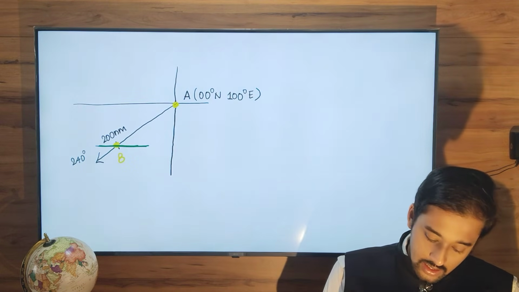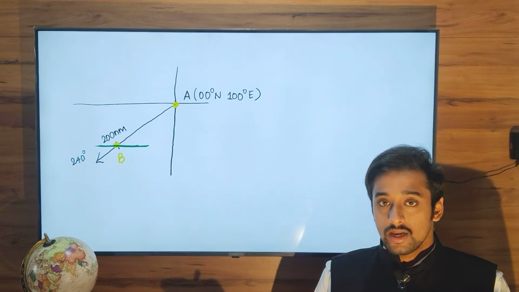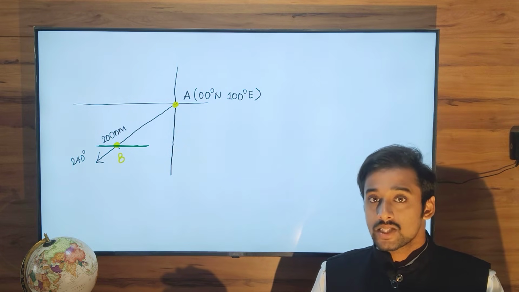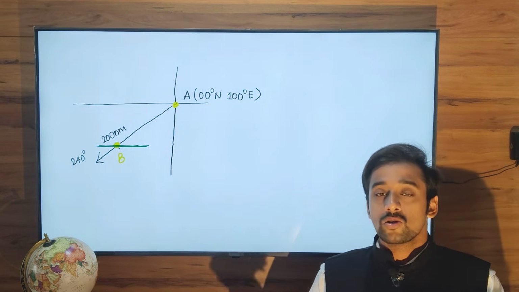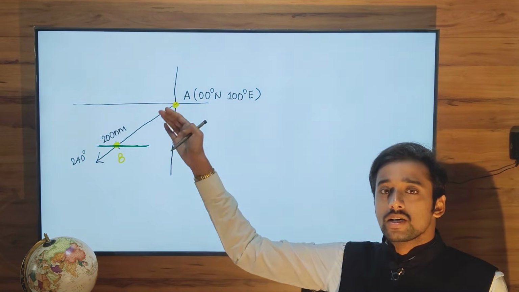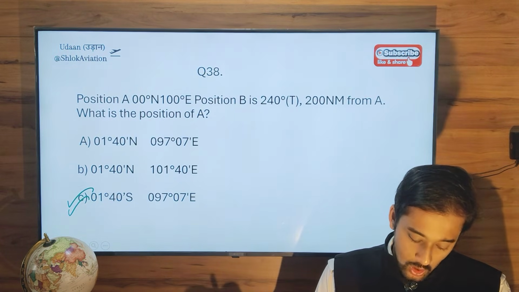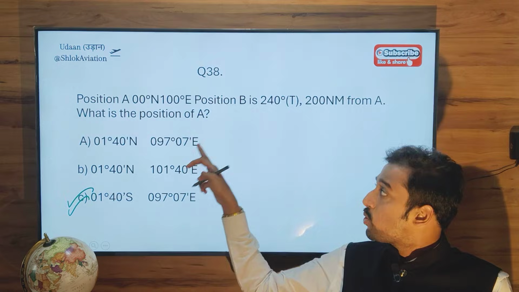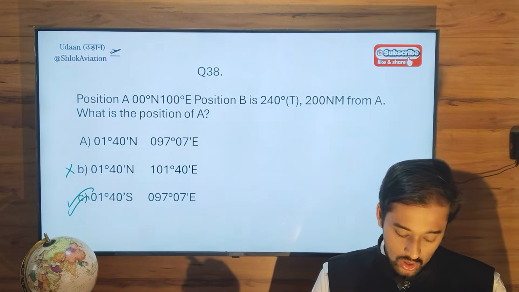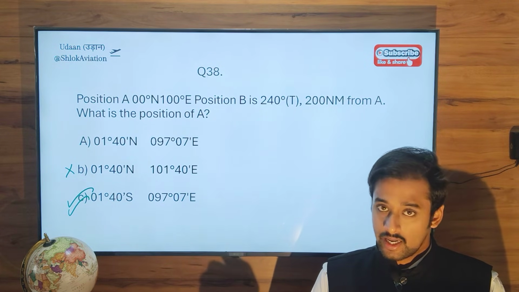Next point. Your position A longitude is 100 degree east and you are going in a southwesterly direction. When you travel in a westerly direction in the eastern hemisphere, the values of longitude decrease. So 100 degree east should decrease to some lesser value. But option B is 101, which is more than 100 degrees, so option B is eliminated. Only options A and C have longitudes less than 100 degrees.